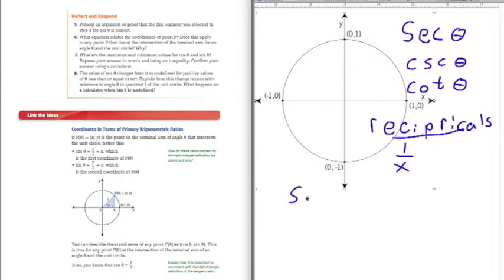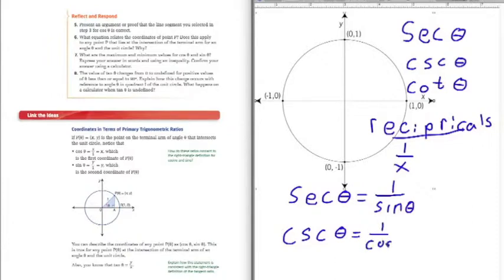So for the first one, secant theta is equal to 1 over sine. Cosecant theta is equal to 1 over cos theta, and cotangent theta is simply equal to 1 over tan theta.